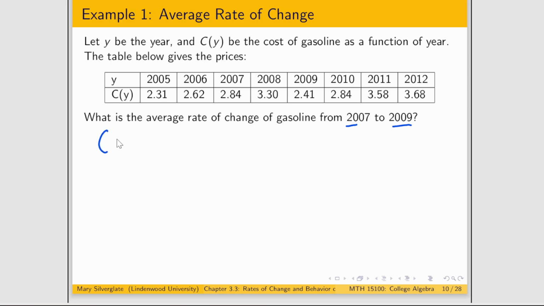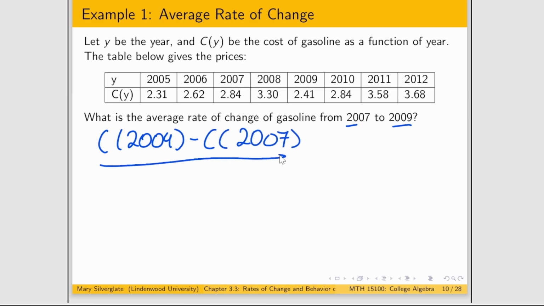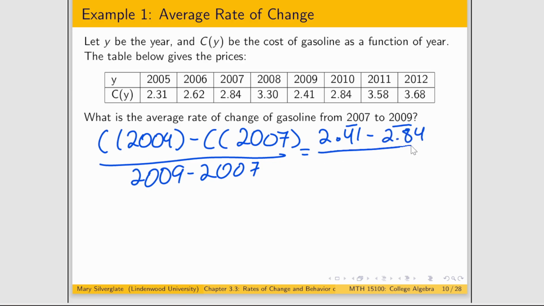So we first want to set this up that this is looking at the cost in 2009 minus the cost in 2007, divided by the difference between the years 2009 and 2007. The cost in 2009 was $2.41. The cost in 2007 was $2.84, divided by 2009 minus 2007.